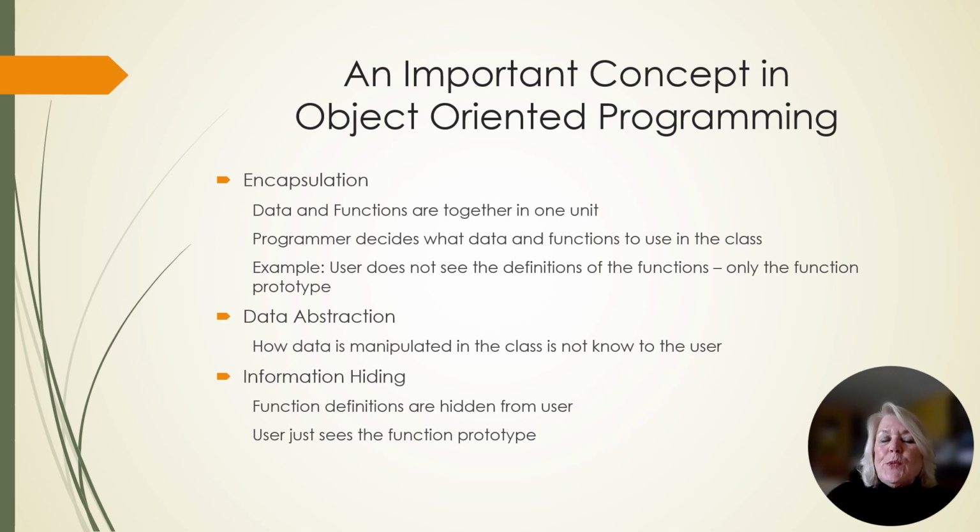That's how data is manipulated in the class. And it would be like the function definition, which is not given to the user. That function definition is way outside of the class. They don't see that. All that a user sees when looking at the class is the function prototype for that class. And the last one is information hiding.